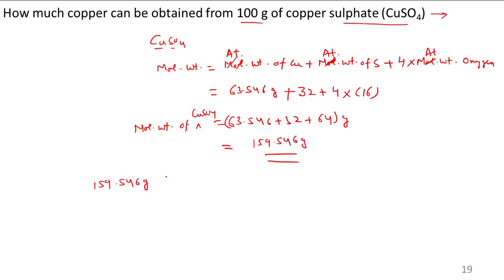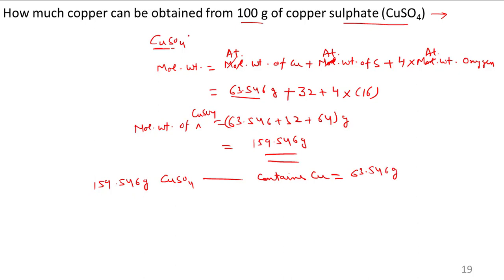Now let us see, this much weight of copper sulfate, 159.546 gram copper sulfate, how much copper does it contain? 1 mole of copper sulfate contains 1 mole of copper, and the weight of 1 mole of copper is 63.546 gram.